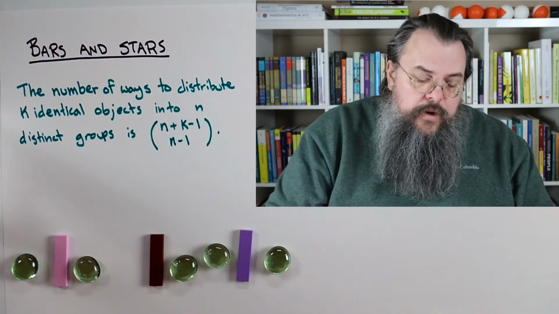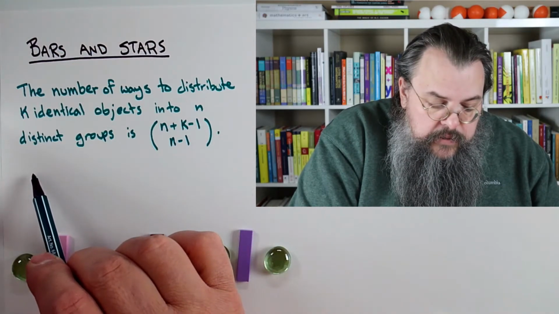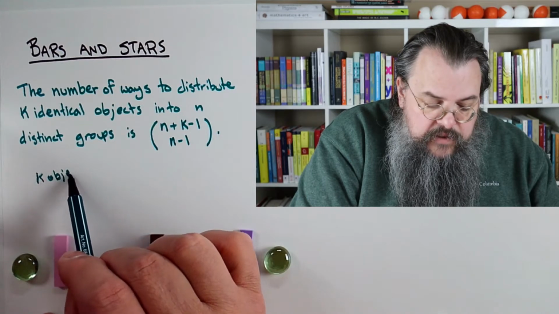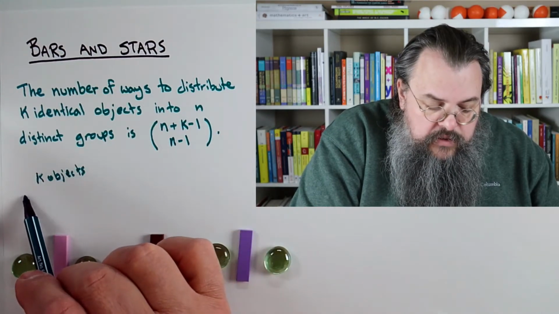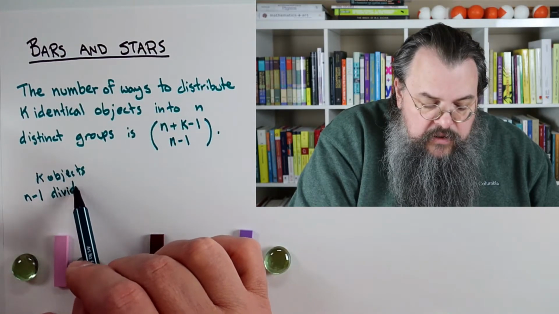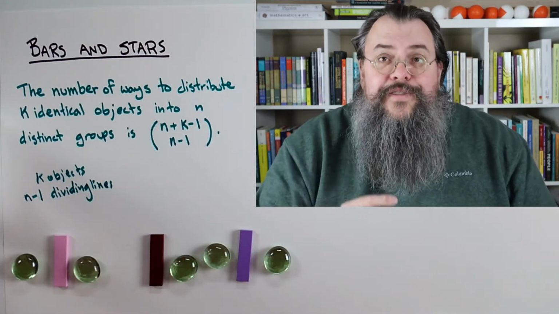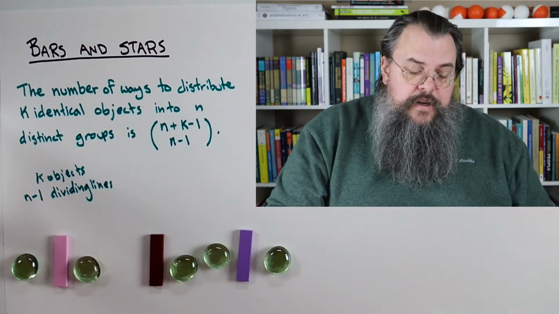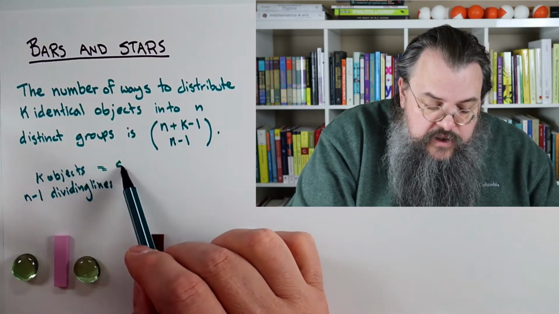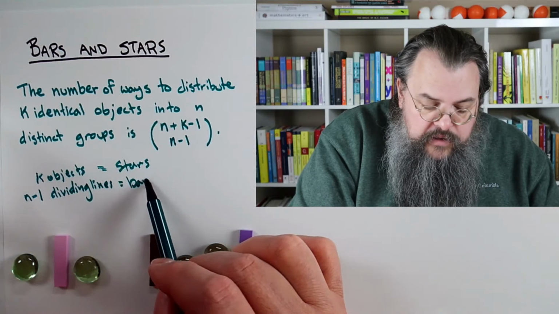And so what do we see? Well, we see that there are k objects. All right, that's easy enough to see. And we're going to use n minus 1 dividing lines. So however many groups there are, one less dividing line, because we're going to go on either side. And so the objects, these are our stars, and the dividing lines, these are our bars.